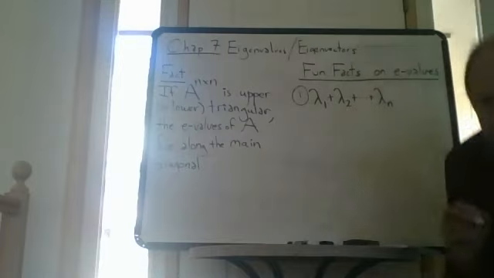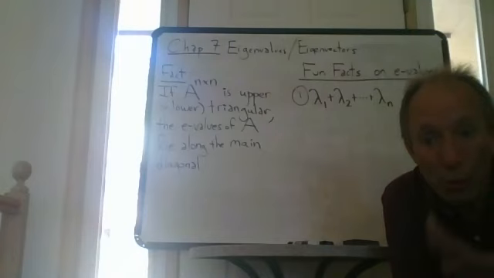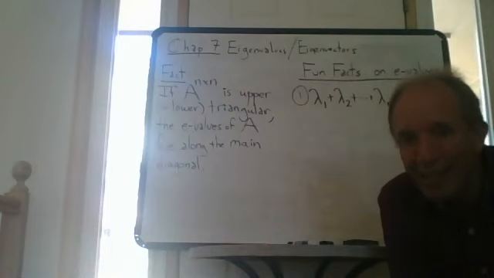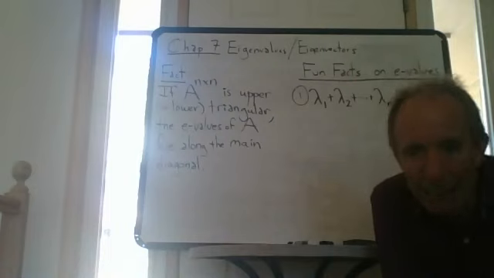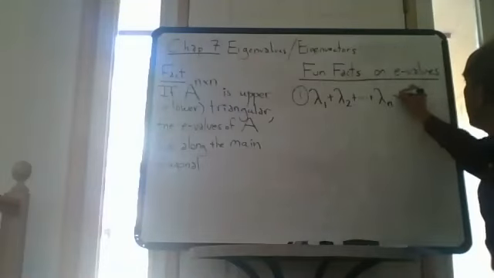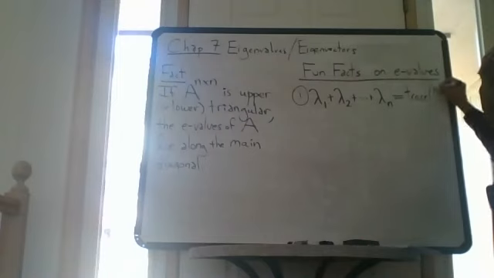By the way, if you have an n by n matrix, you will get n lambdas. Now, some of those lambdas might be repeated values of lambda, but you will always get n lambdas. The fun fact about these lambdas is if you add them together, you always get the trace of your matrix.